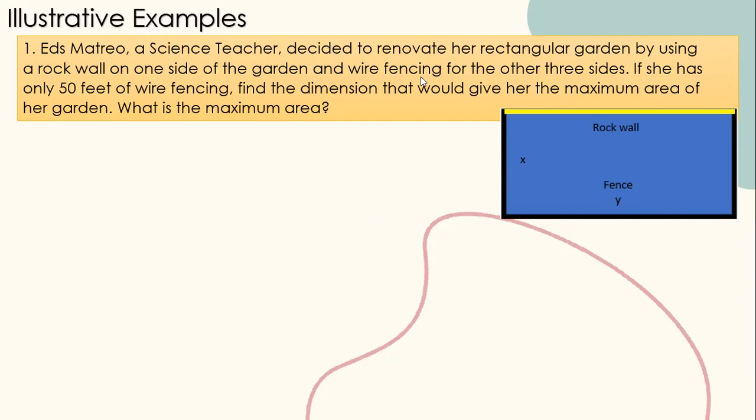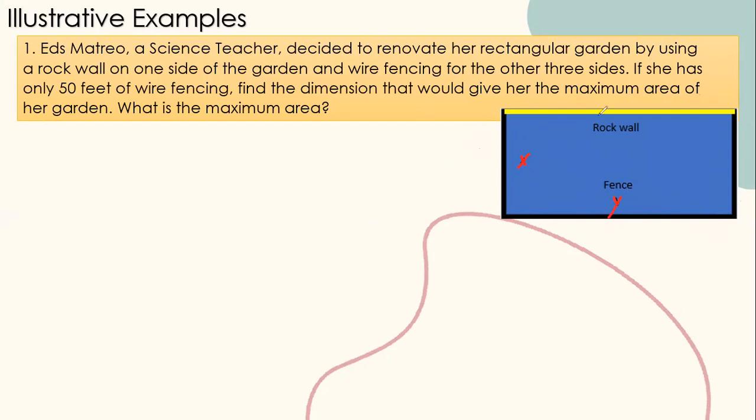All right, so intindihin natin yung problem isa-isa. So gusto daw niyang magpa-renovate ng rectangular garden. Yung rectangular garden with dimensions, okay, let's label it, for the width x tapos yung length is y.